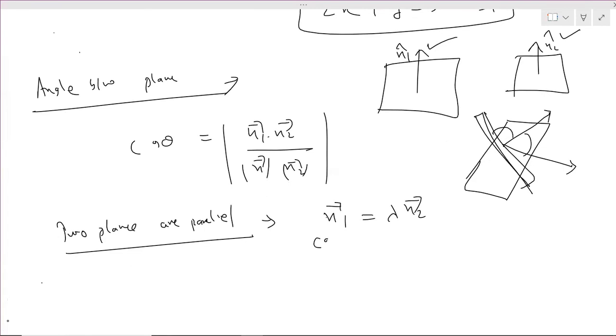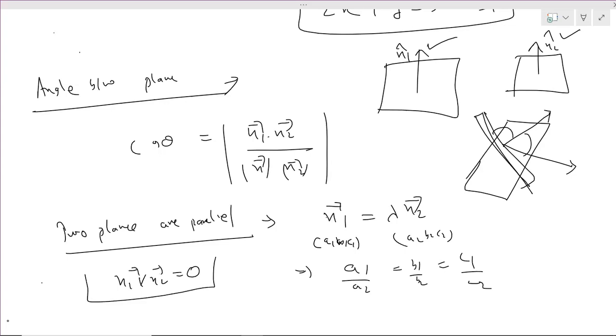Or if the direction cosines are a1, b1, c1 and a2, b2, c2, then a1 upon a2 equals b1 upon b2 equals c1 upon c2. Or we can say n1 cross n2 will also be 0, right? Yes, sir. So you can take a screenshot of this. This is just vectors. You just have to think.